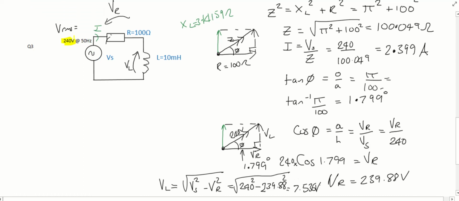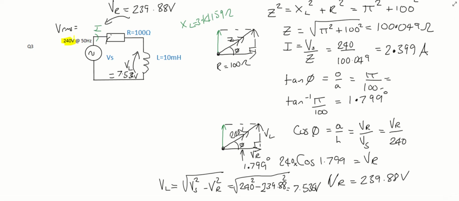So that concludes the last calculation. Actually, let's put it in the diagram. VR equals 239.88 volts, and this one here, VL, equals not as much, 7.536 volts. Very good. And we could have put the current on there as well, which we've also worked out.